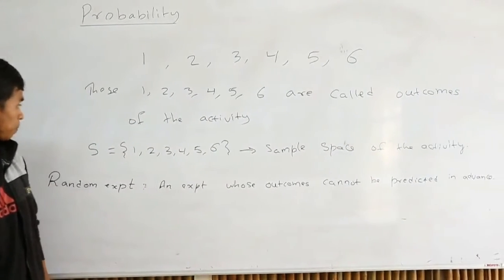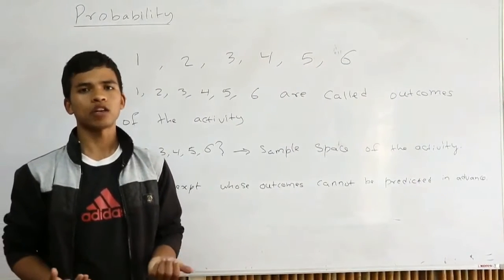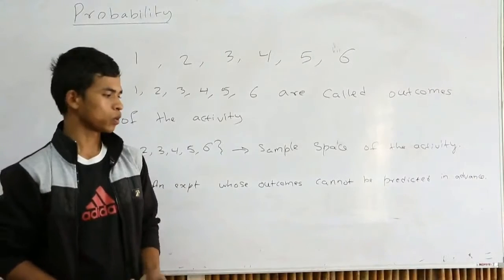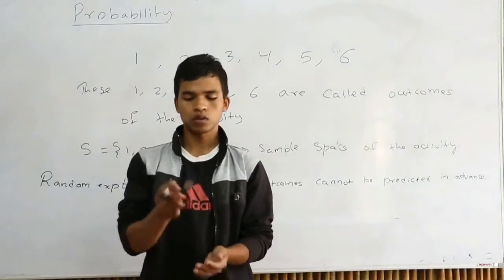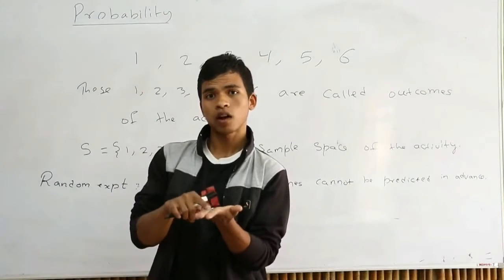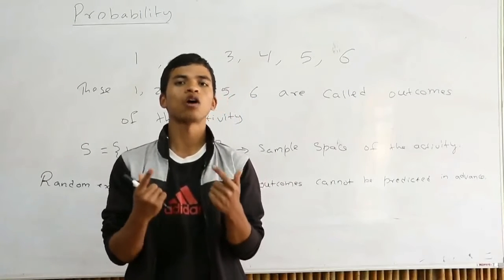And now we will define what is a sample space for any random experiment. Suppose when you do this activity of throwing a coin, either we will get head or tail. So these are the only possible outcomes, right? Either head or tail.